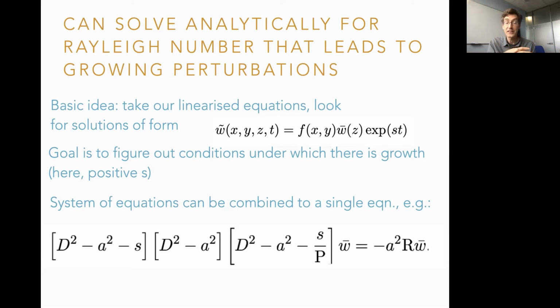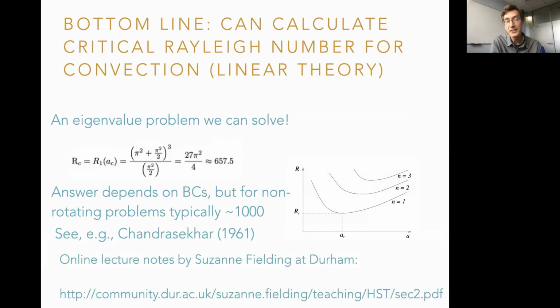You'd have some sixth order differential equation, which is an eigenvalue problem that you can solve analytically or semi-analytically. Roughly speaking, critical Rayleigh numbers tend to be on the order of 1,000 or so for non-rotating problems. That's going to depend on boundary conditions.